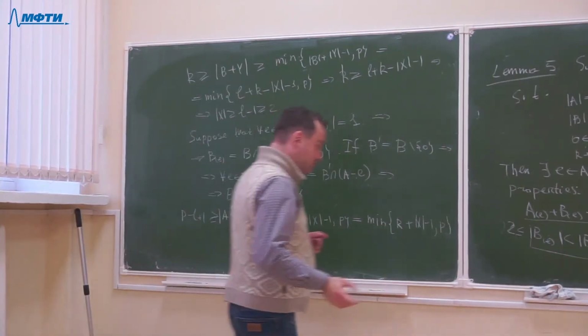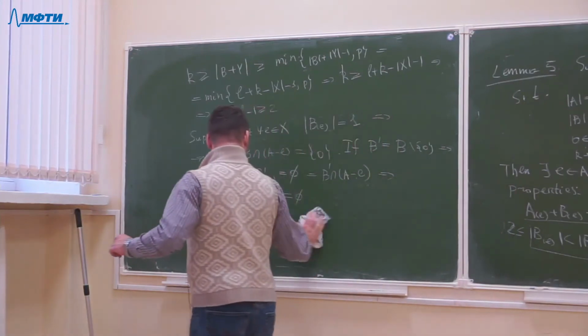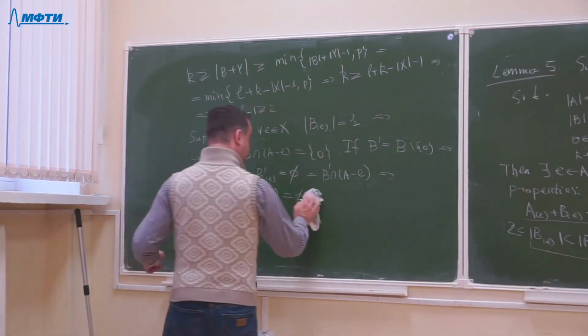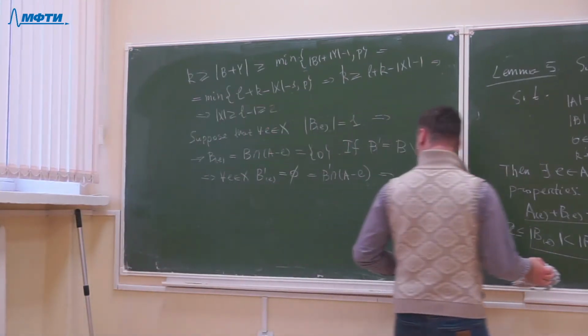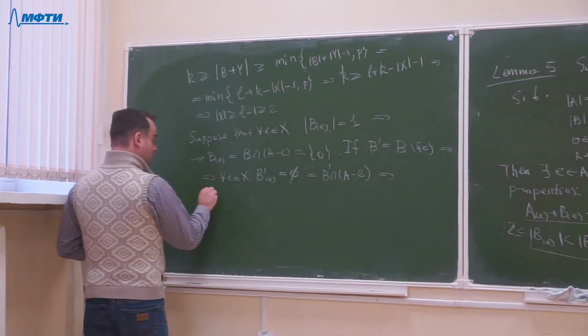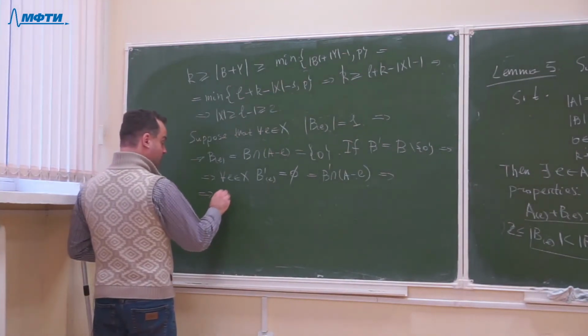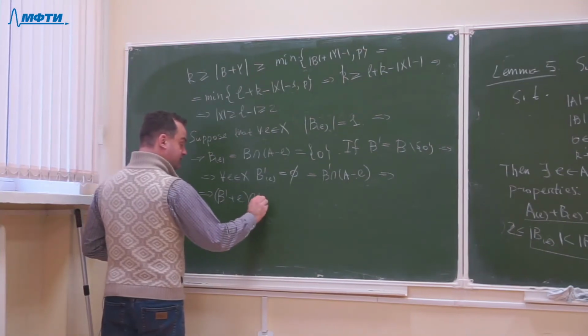Look. B prime plus E intersect A is the empty set, right?